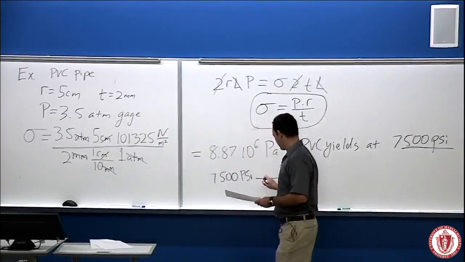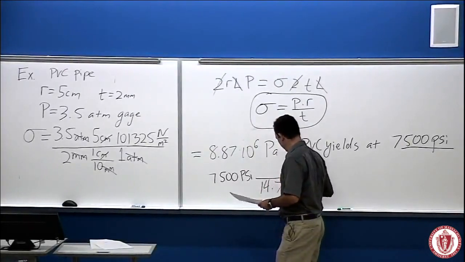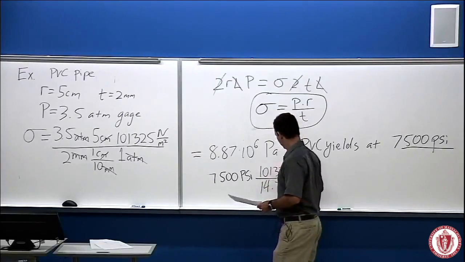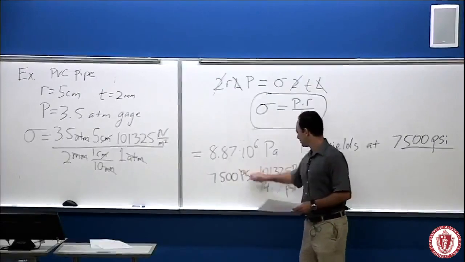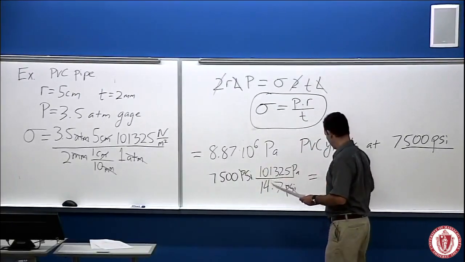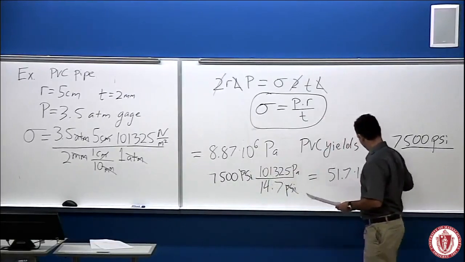So I happen to remember that 1 atmosphere is 14.7 psi, and it also is 101.325 pascals. And that gives me a yield strength of 51.7 megapascals.